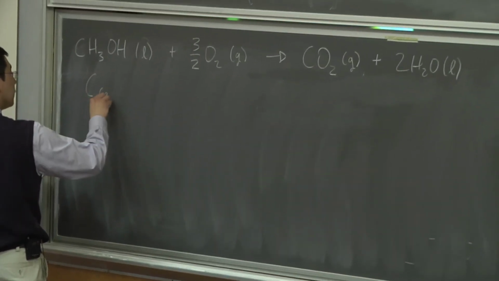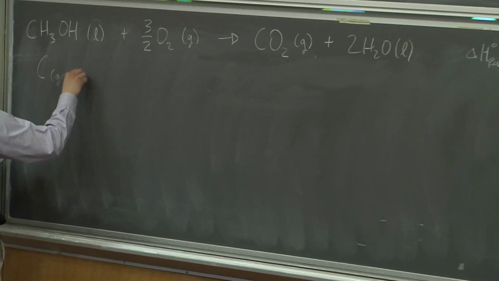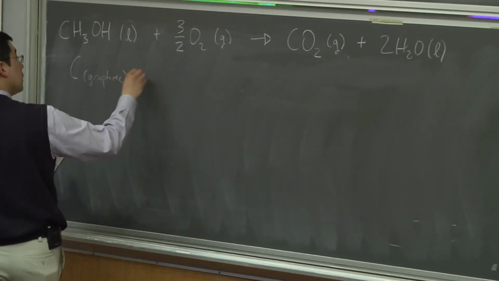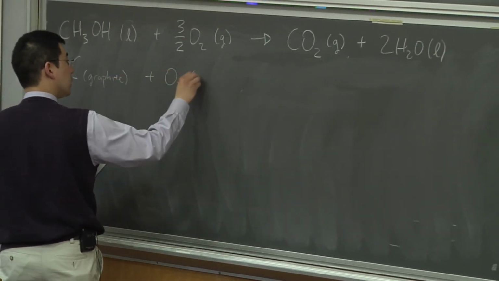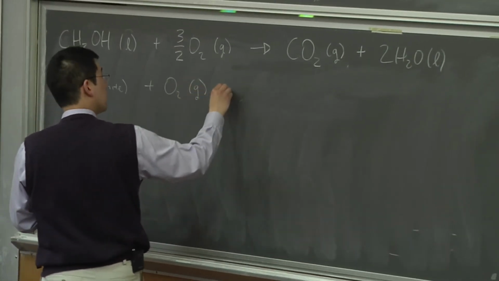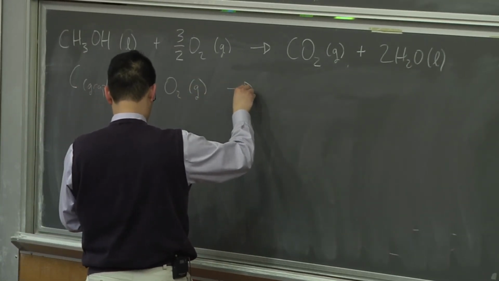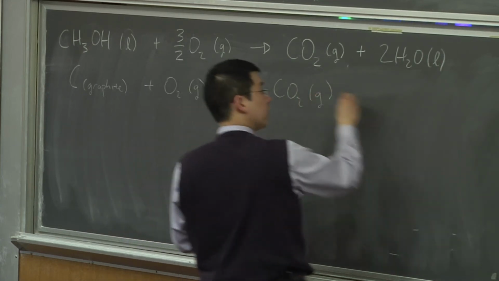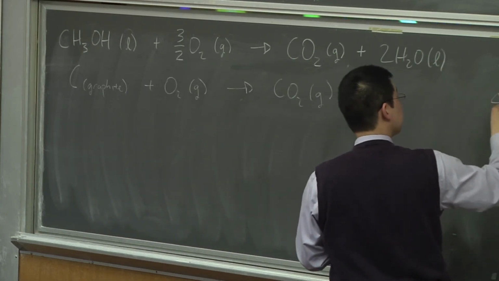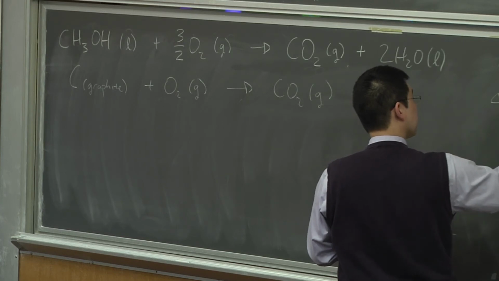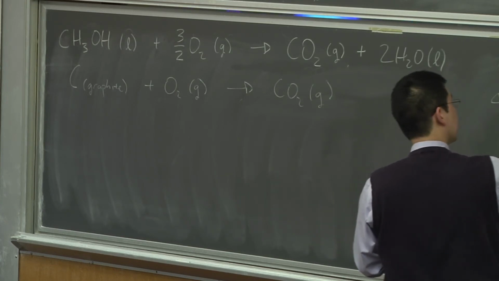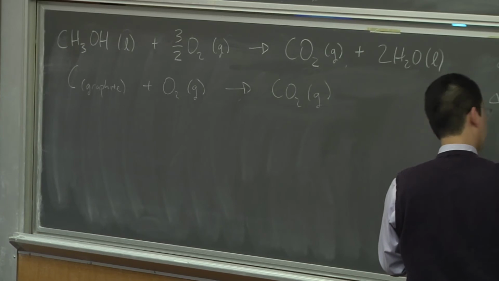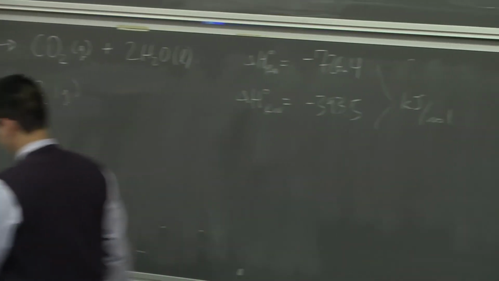C graphite plus O2 gas gives you CO2 gas. And the delta H of that second reaction equals negative 393.5 kilojoules per mole.